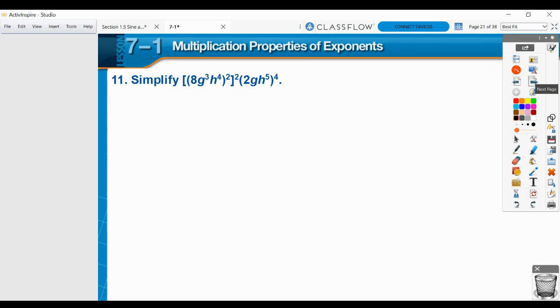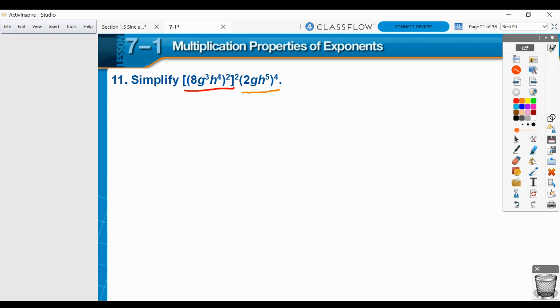So if we take a look at this example, you can see we've got brackets, we've got parentheses, we've got a power of a power. So this is what I'm going to tell you to do. Work with this first, then work with this one, and then put them together.